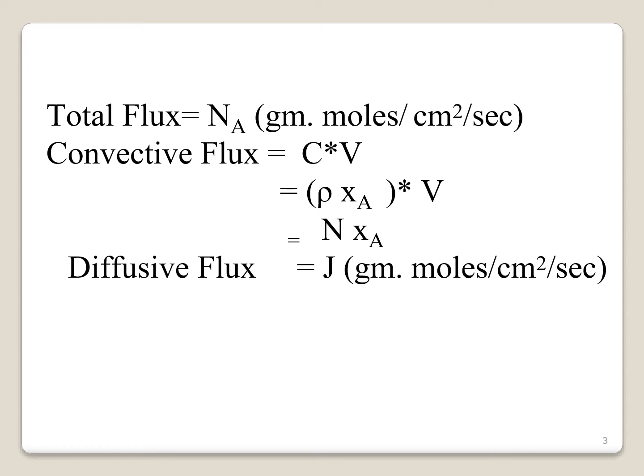Next, the last one, diffusive flux. Diffusive flux or molar flux is denoted by capital J. This is by diffusion. The unit of diffusive flux is gram moles per centimeter square second.